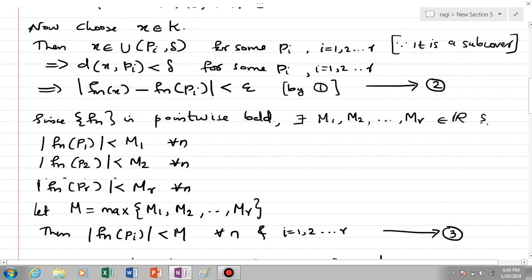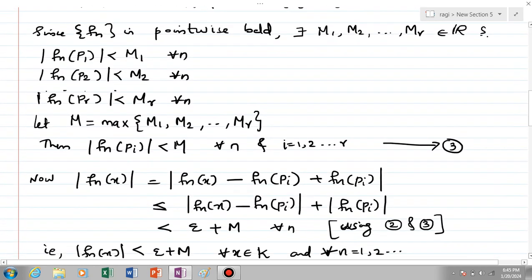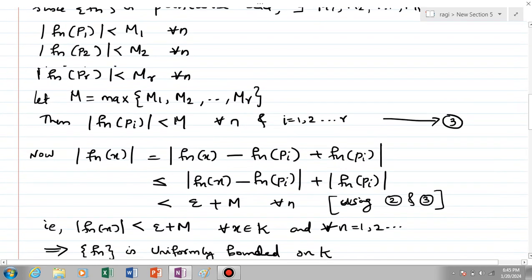Choosing capital M as the maximum of all these m1, m2, etc., mr, we can write this relation is true for every i equal to 1 to r. That is, modulus of f_n(pi) is less than M, which is the maximum, for every n and for every i equal to 1 to r. That is, this is true for every p1, p2, etc., pr. Let it be equation number 3.